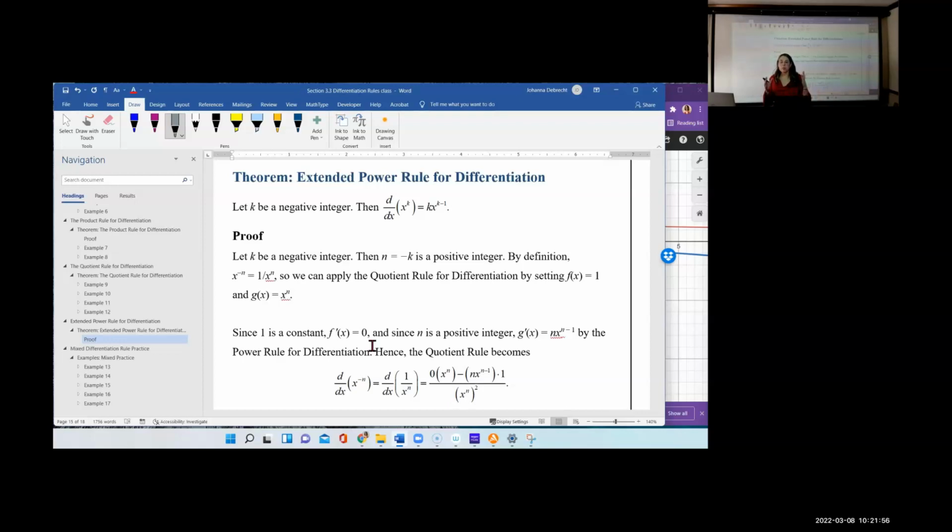All right. The proof of it, however, is very advanced and far beyond the scope of this course. It's beyond even what the Calculus 3 students would be doing, okay?